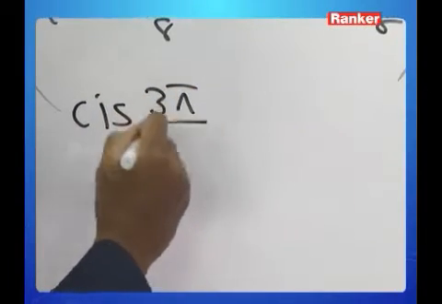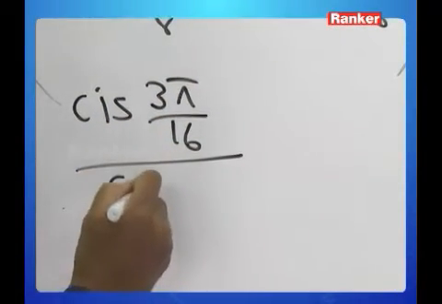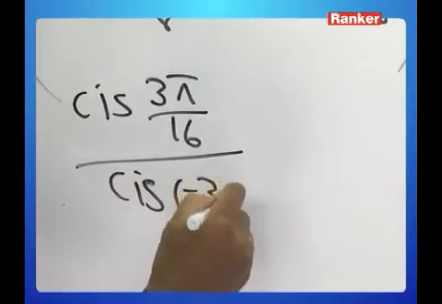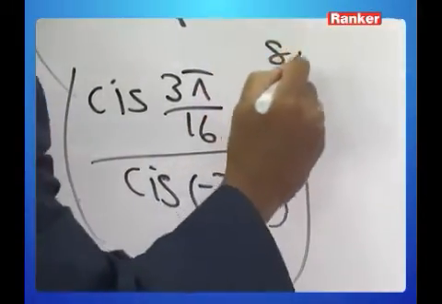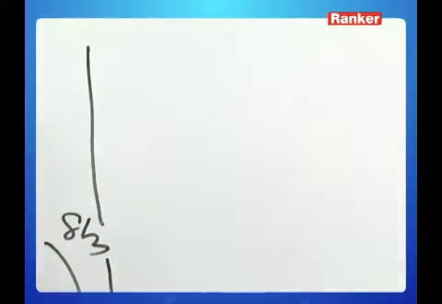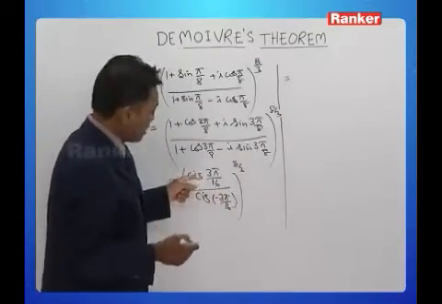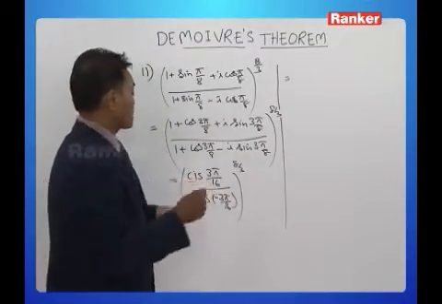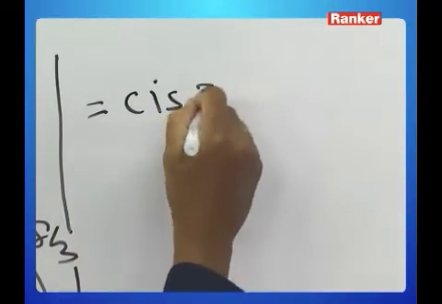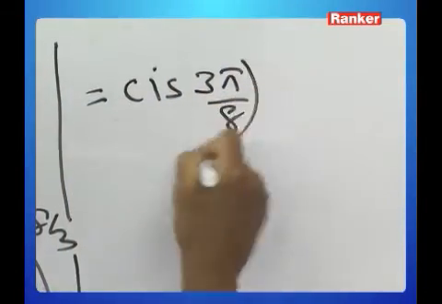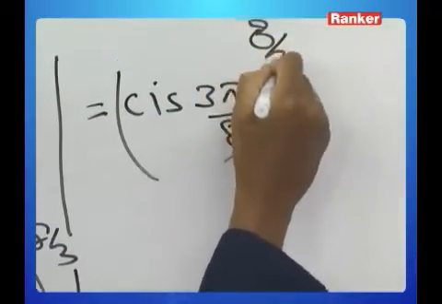Cis 3 pi by 16 in the numerator, cis minus 3 pi by 16 in the denominator, whole power 8 by 3. Cis A by cis B is cis of A minus B. That means 3 pi by 16 minus of minus 3 pi by 16. Again it becomes 2 into 3 pi by 16, that is 3 pi by 8 only, whole to the power of 8 by 3.